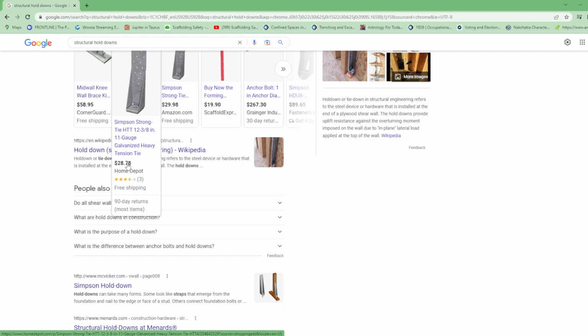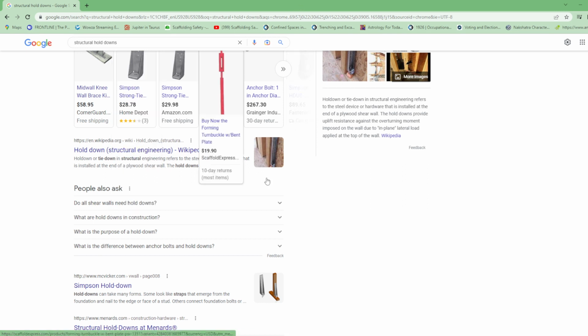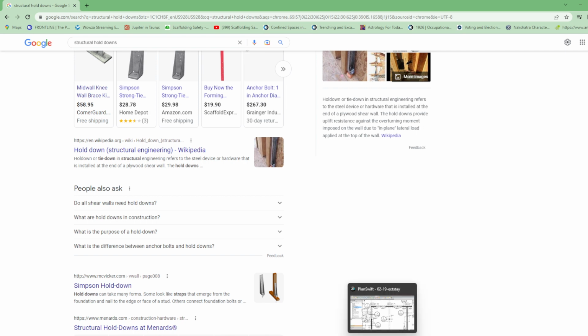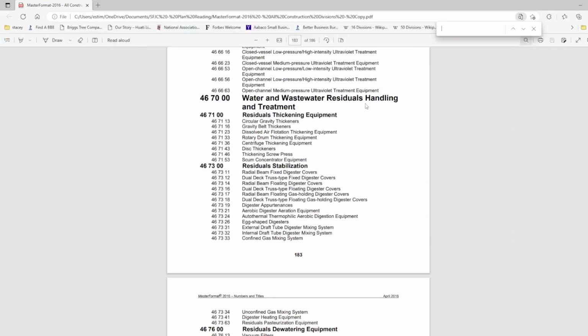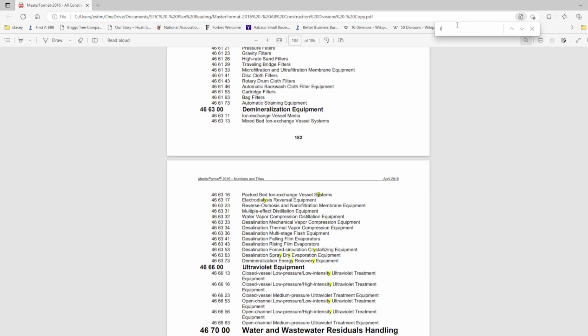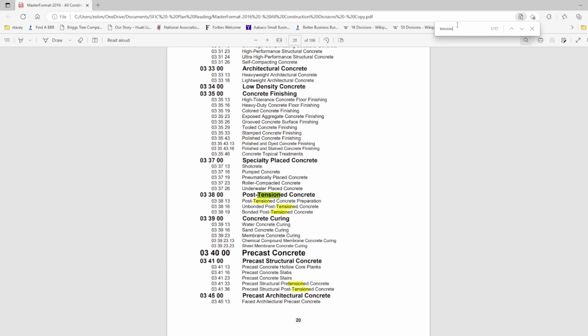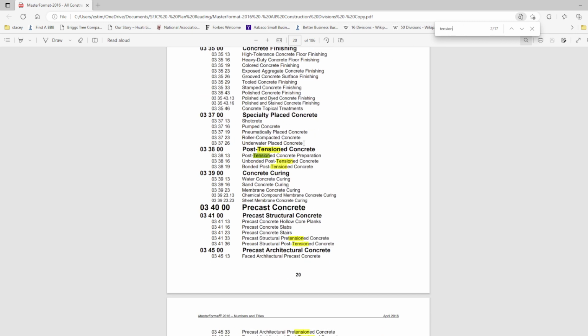So you have to look at your, let's see. Let me look for it. I'm trying to find, let me put in tension tie. There we go. Well, tension is in the specification. Post-tension concrete, I don't like that.